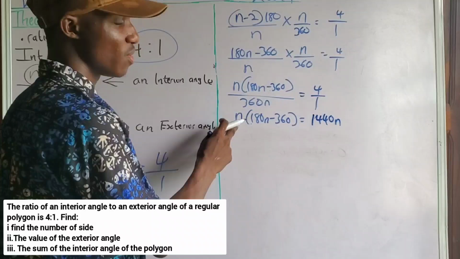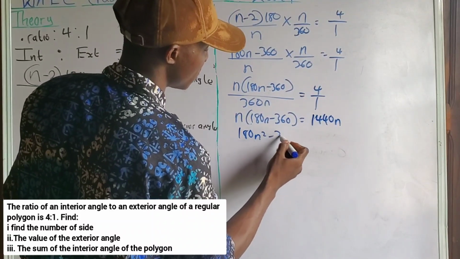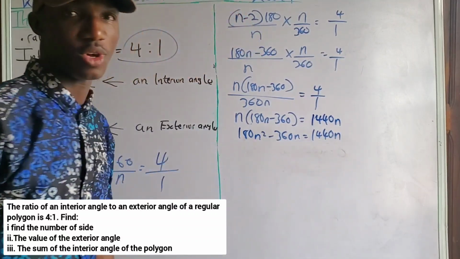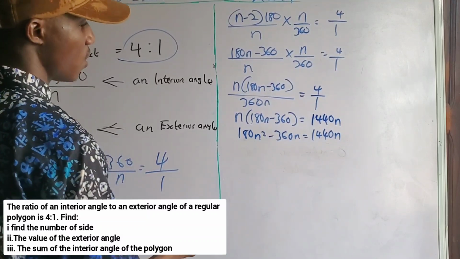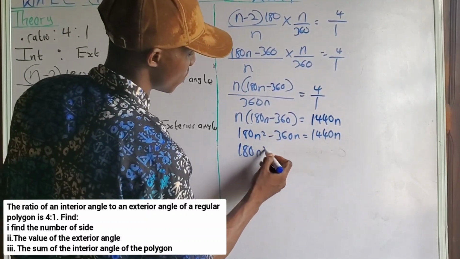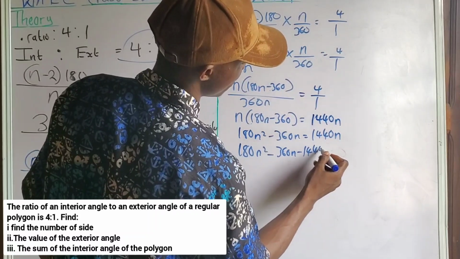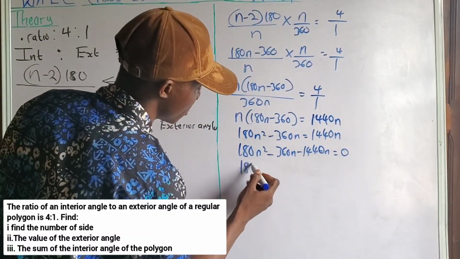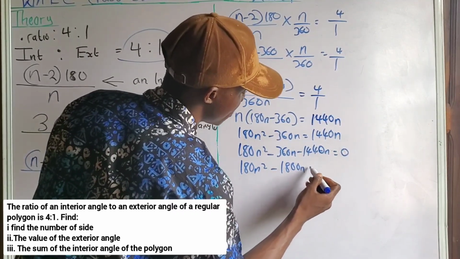I'm going to have 180n squared minus 360n equals 1440n. Do you understand? So 180n squared minus 360n minus 1440n equals 0. So I'm going to have 180n squared minus 1800n equals 0.